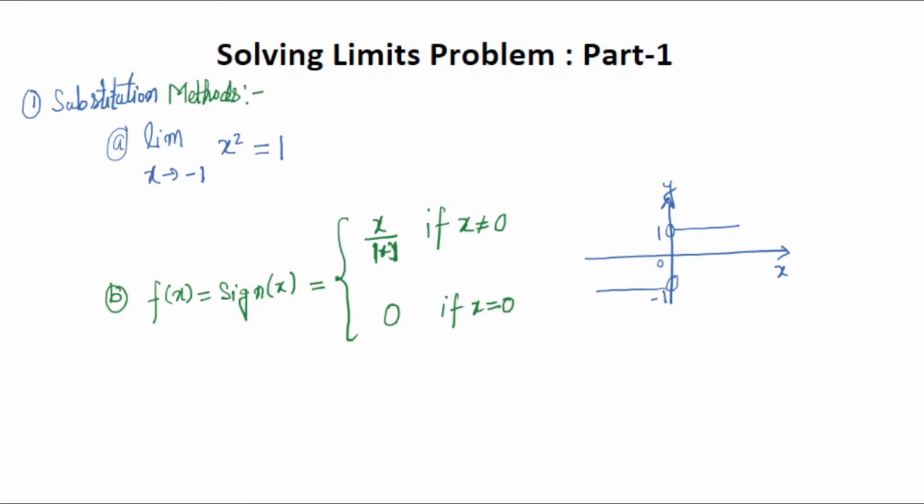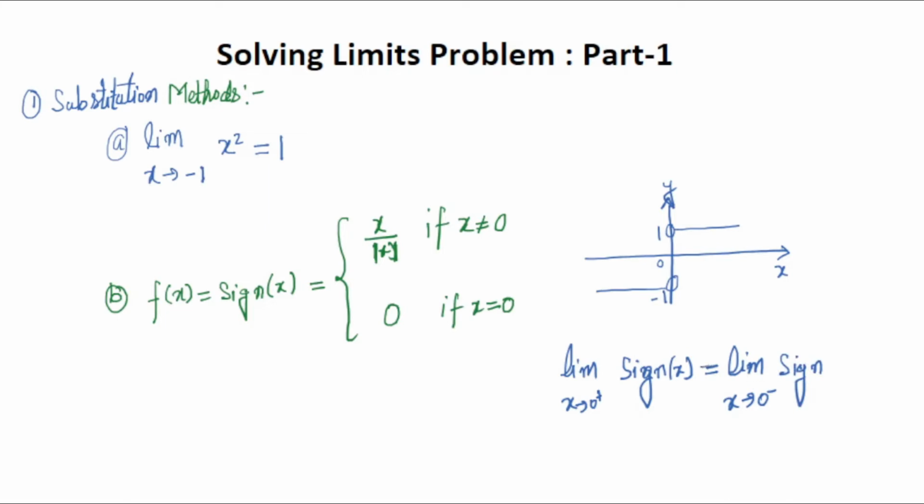So what we can say here, the limit x tends to 0 plus of the function sgn x is equal to the limit x tends to 0 minus of the function sgn x. If the left hand limit and the right hand limit are equal, we can say that the function is continuous.